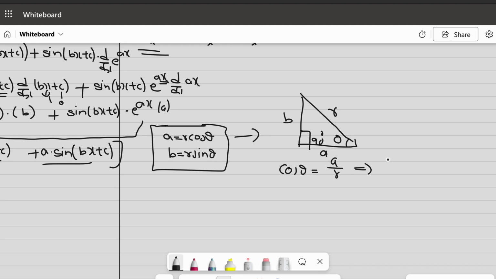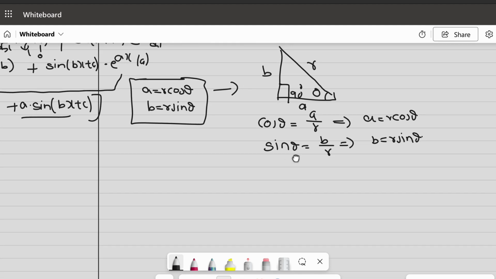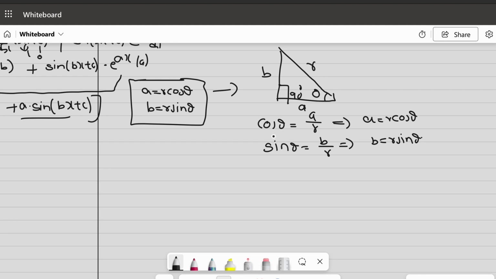From this we get a equal to r cos theta. And also sin theta equal to opposite side by hypotenuse, that is b by r. So we get b equal to r sin theta. And also hypotenuse square equals side square plus side square, that is r square is equal to a square plus b square, that is r equal to root of a square plus b square.